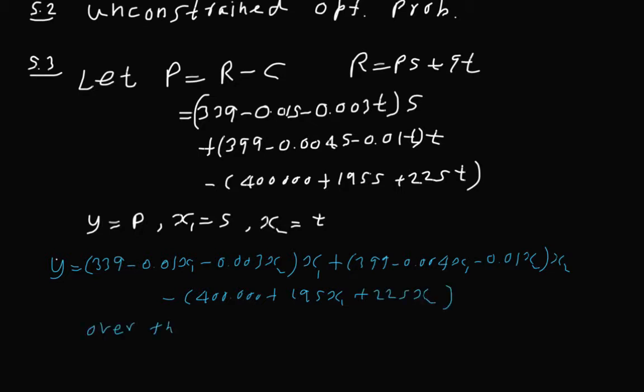Over the set S equal to x1, x2, where x1 is greater than or equal to 0 and x2 must be greater than or equal to 0. So that is step 3.